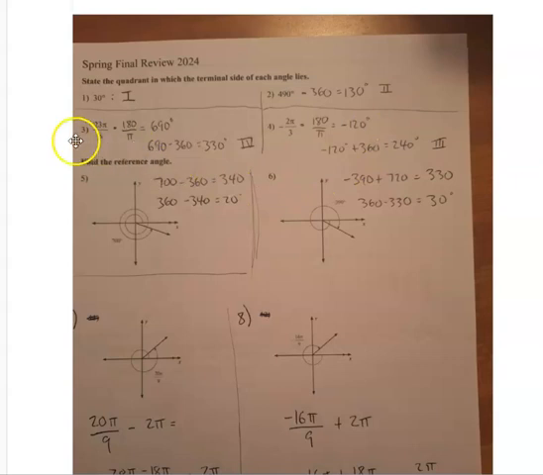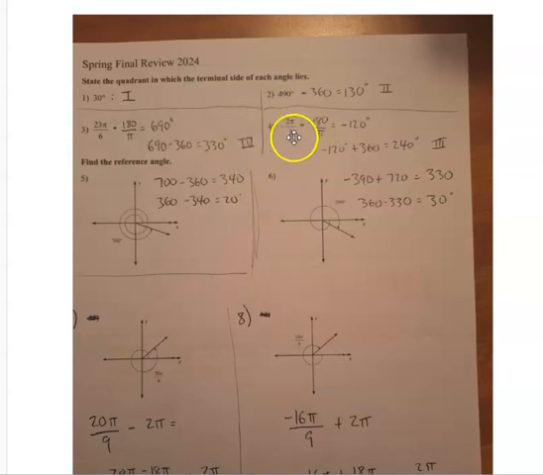Okay. All right. So 3 and 4 are radians. I recommend changing the radians to degrees. It's easier for me to identify what quadrant we're in if it's in degrees, personally. So if you multiply the radian times 180 over pi, that changes it to degrees. Number 3 becomes 690, and 690 is more than 360. So I subtract 360, and then I get 330, and 330 is in quadrant 4.